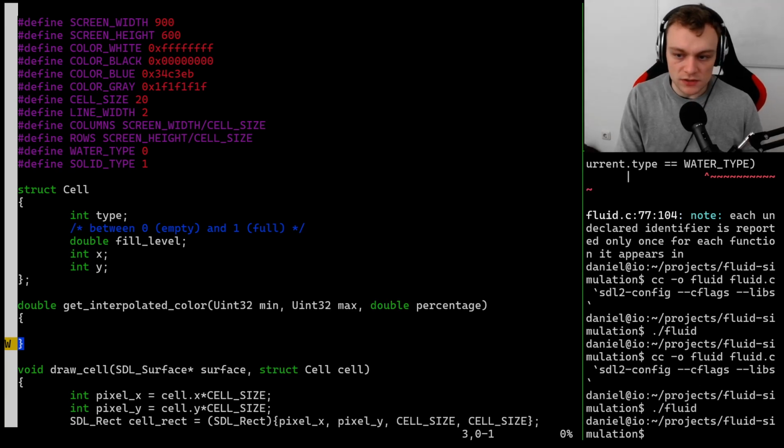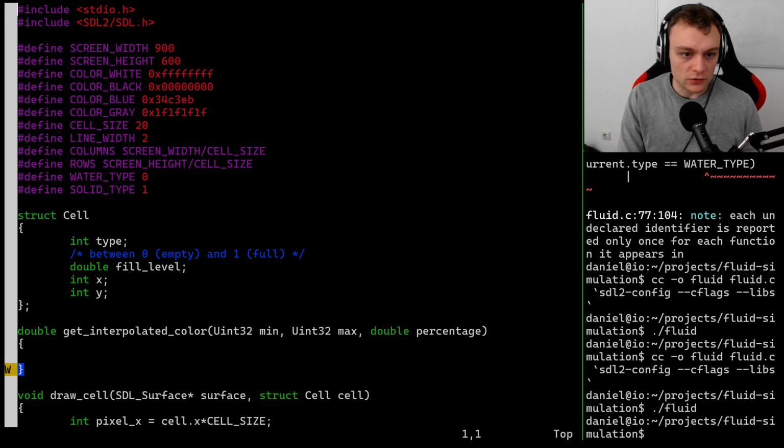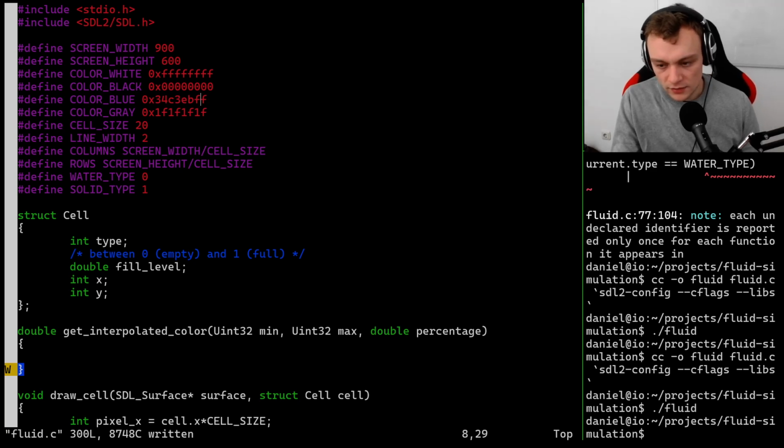So let's see what happens if we change the color blue. Color blue, and append FF here. So this should be the alpha value.